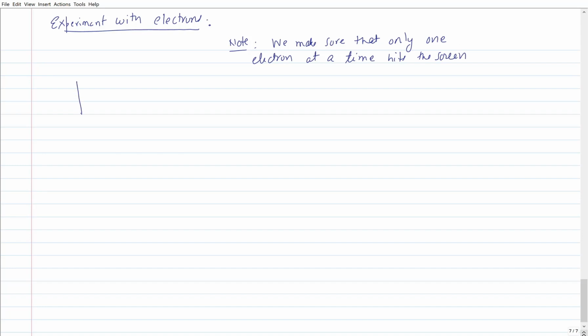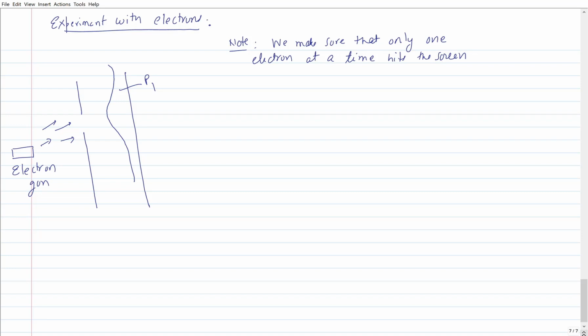So I do again the same thing. I have an electron gun, and I am spraying bullets. And this is again the familiar pattern of intensity I get.